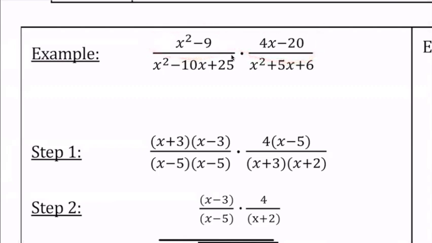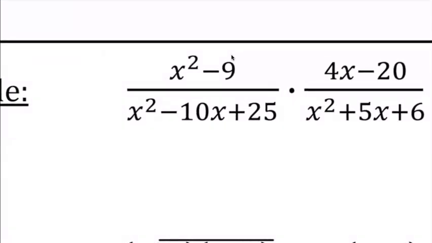I can take out a GCF, or it's a difference of 2 squares. And then if I have a trinomial like on the bottom down here, I'm always going to do a multiply add chart. So let's look at this one. We have x squared minus 9. This is the difference of 2 squares. I know that because the first number is squared, x squared, and 9 is a perfect square. So I'm going to rewrite 9 as something squared.